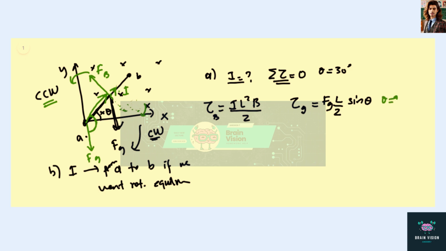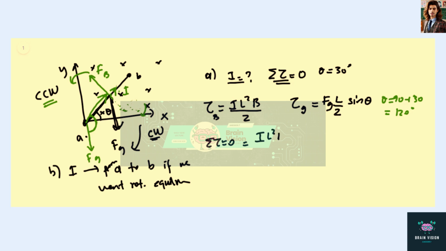The angle then is 30 plus 90, so it's 120 degrees. Then, again, this torque is forcing the bar to rotate counterclockwise. The other one is forcing it to rotate in the clockwise direction. Then net torque equals 0.